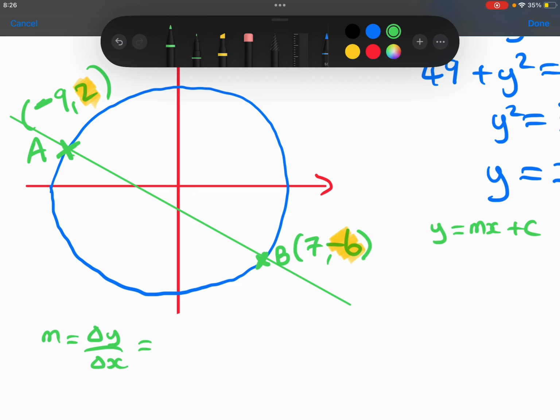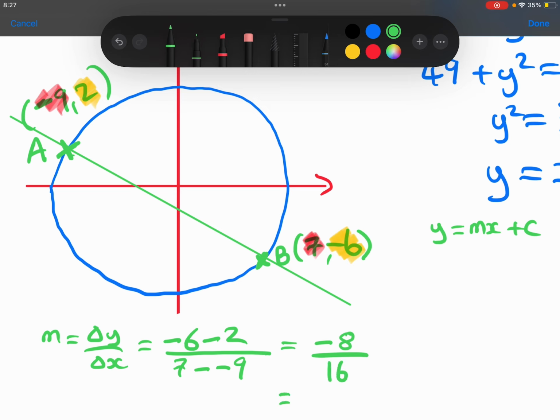We're going to do the change in the y coordinates, so minus 6 minus the 2. Then we're going to do the change in the x coordinates. So 7 minus the minus 9. So minus 6 minus 2 is minus 8. The 7 plus 9 is 16. So the gradient is minus 1/2.